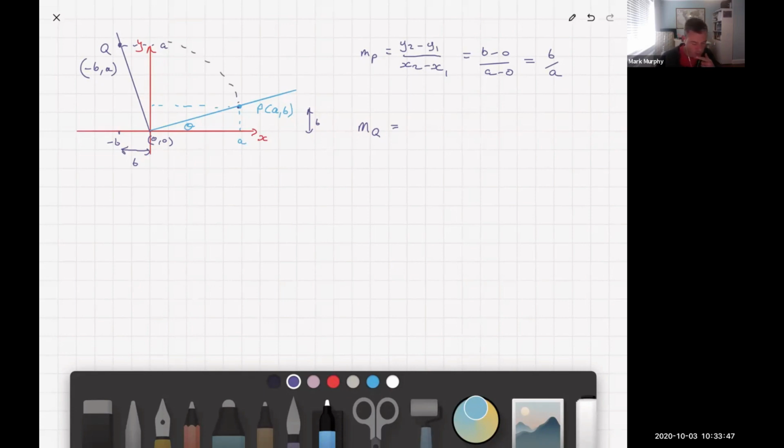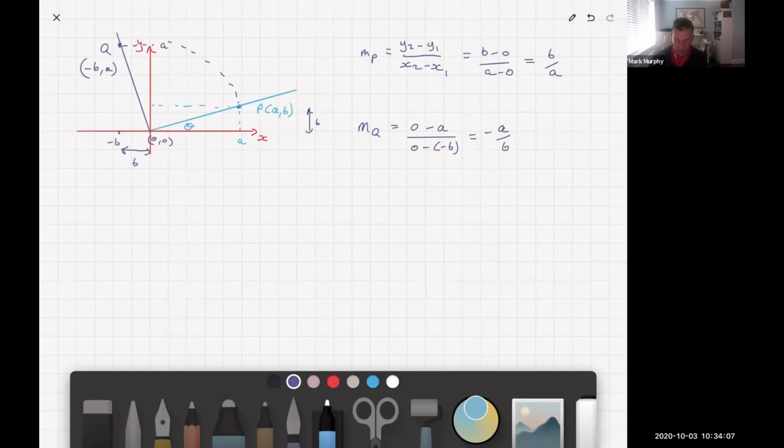So the m of Q then is equal to y2, which in this case is 0 minus A. And then we look all over the x's. So that's 0 minus B. Okay, so that works out as minus A over B.